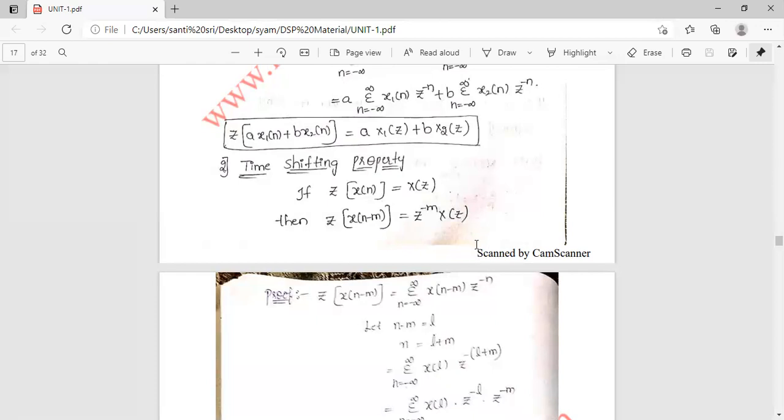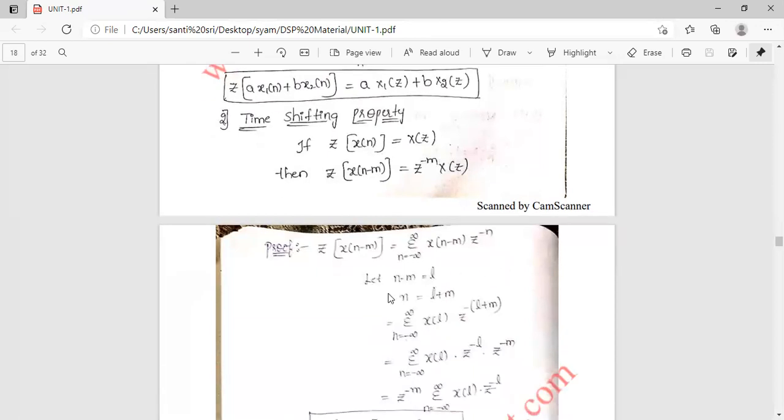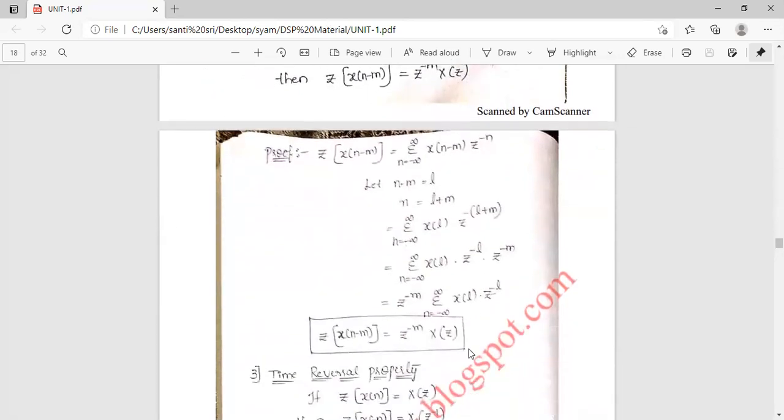How will it be proved? Taking Z transform of x of n minus m, sigma n equal to minus infinity to infinity x of n minus m into z power minus n. Let n minus m be L, or n equal to L plus m. Substitute these two in the above expression, so that we will get Z transform of x of n minus m is z power minus m into X of z.